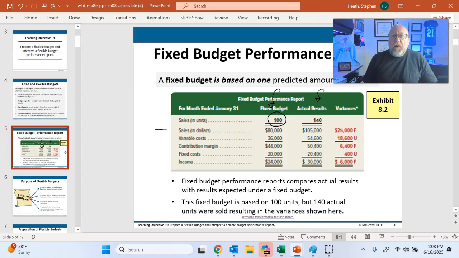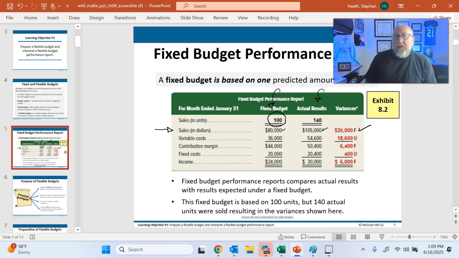The first line item is sales, and there's a $25,000 difference. Our budget assumed we would make 80,000, and it turns out that we made 105,000 in sales. The variance is 25,000, and it's favorable because if my sales are more than I anticipated, all else equal, my income is higher.